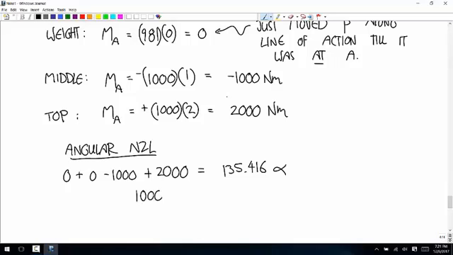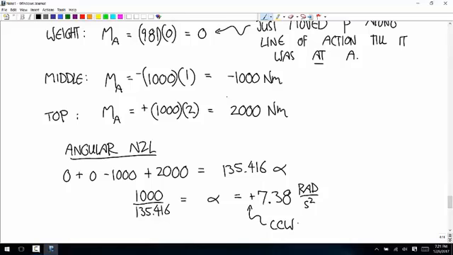And so we get positive 1,000 divided by 135.416 is equal to alpha. Can someone divide that? 7.38 radians per second squared. So is that football player going to rotate clockwise or counterclockwise? Yep, this is positive. So yeah, anti-clockwise, counterclockwise.